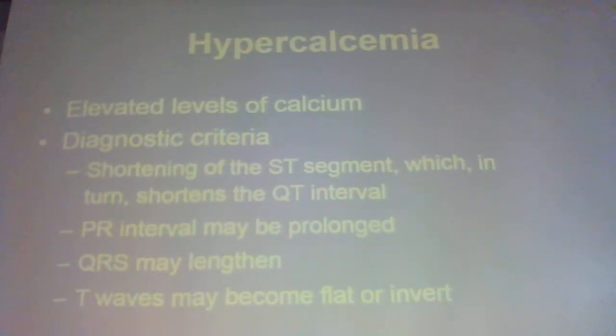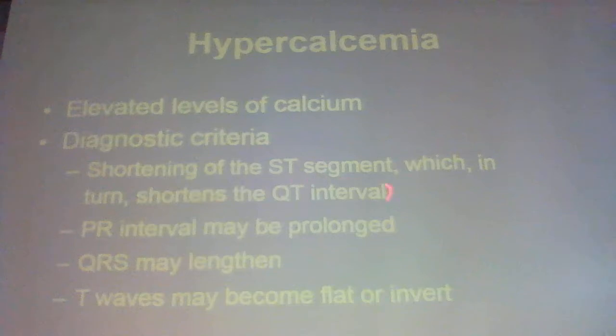Hypercalcemia, so high calcium. I think the normal for that is above 8. If it's above 8, then that's abnormal. So I think it's 5 to 8 is normal calcium. No? 10 is high. Shortening of the ST segment, which in turn shortens the QT interval.